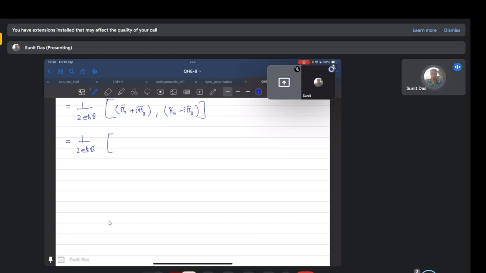So we'll have π_x tilde plus, sorry, this should not be a third bracket, otherwise it may create confusion. So let me do (π_x tilde plus iπ_y tilde) with (π_x tilde minus iπ_y tilde), and the opposite.